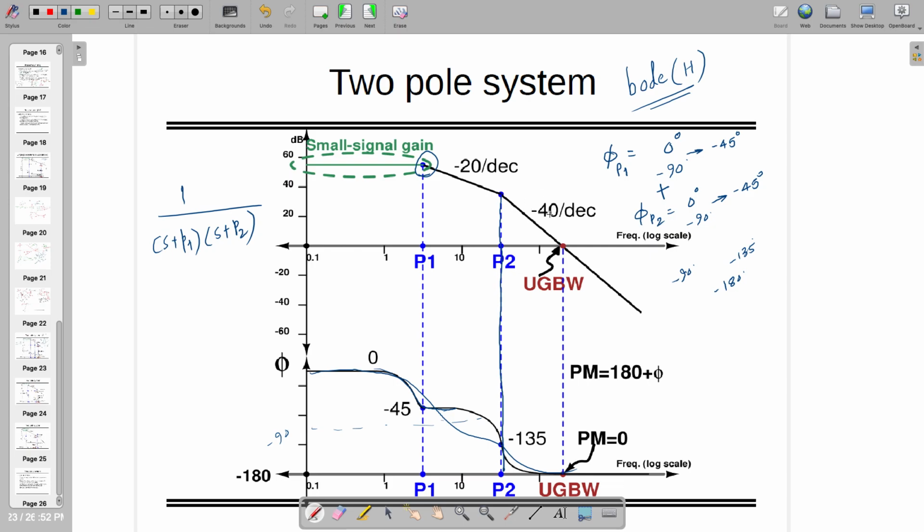So right now, can you tell me whether the system is stable or unstable? Unstable, right? Because phase margin is 0 degree. If there are 3 poles inside, the system is again unstable.